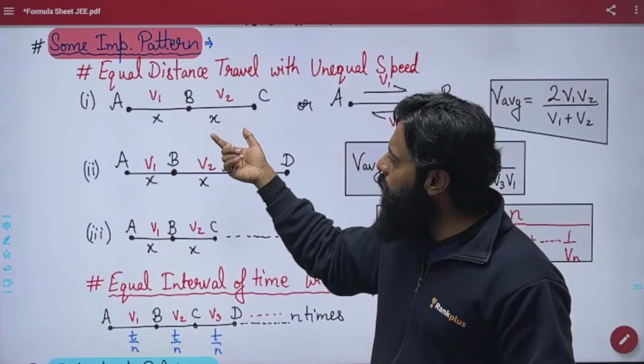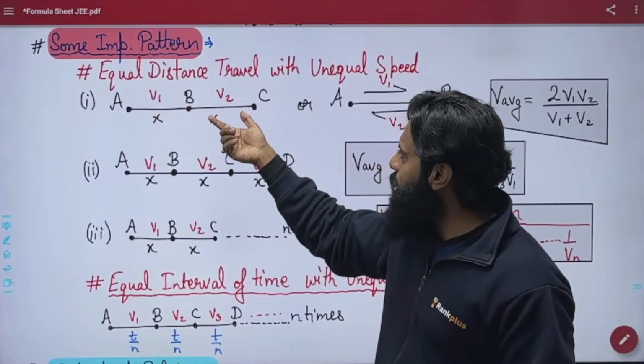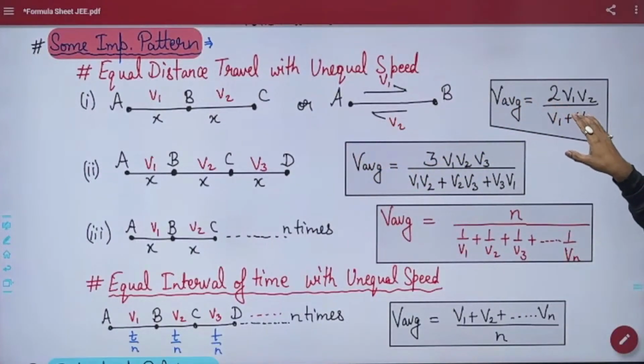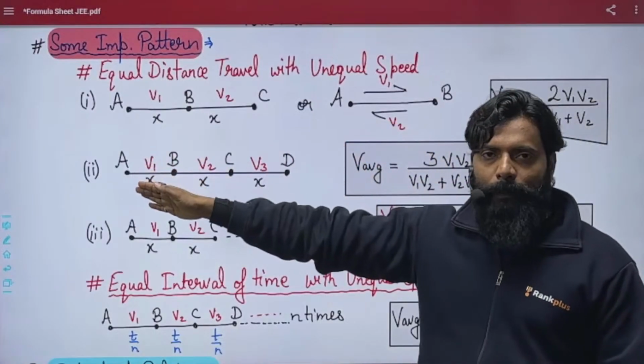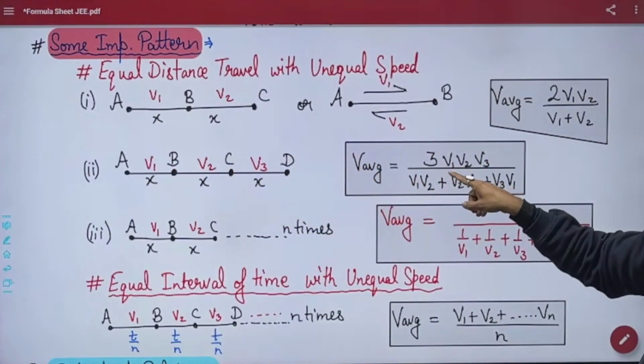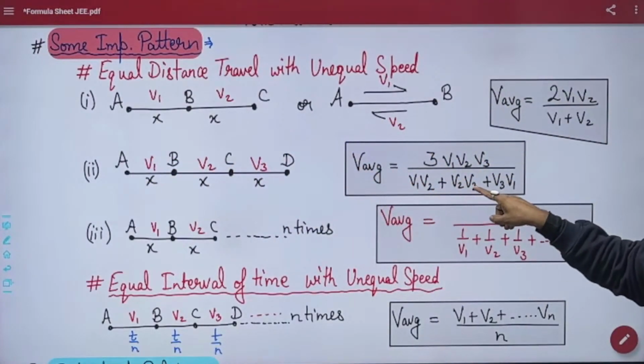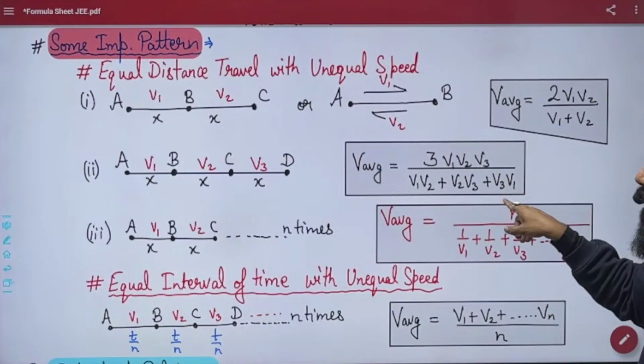The distance remains the same, velocities are different. To get the average velocity, I need to do 2 v1 v2 divided by v1 plus v2. If there are three separations, the formula becomes 3 v1 v2 v3 divided by v1 v2 plus v2 v3 plus v3 v1.